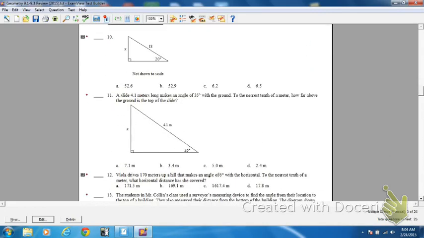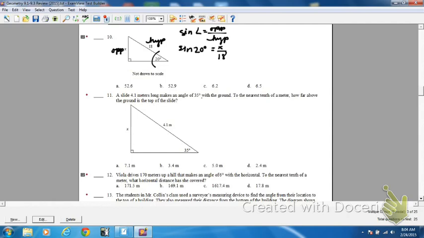Number 10. There's our angle. We have opposite side and hypotenuse. This one, opposite and hypotenuse, again is sine. Sine of the angle is opposite over hypotenuse. So I have the sine of 20 degrees is equal to x over 18.